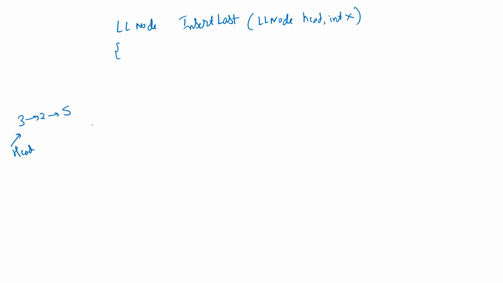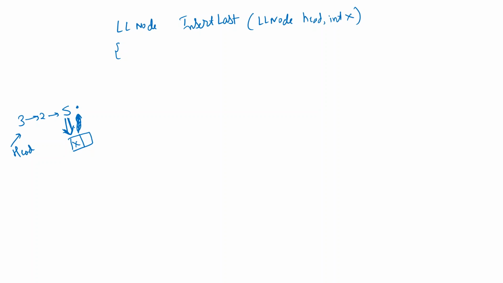Now you need to insert a new node at the last position over here. So that means this is not correct. You want something like this. So your last node should now point to a new node which is being created.